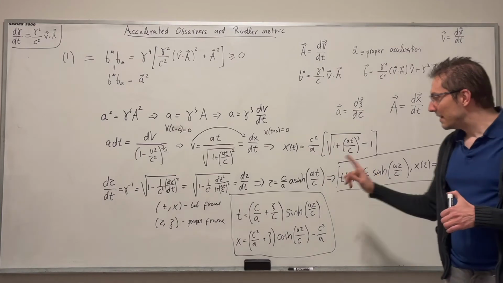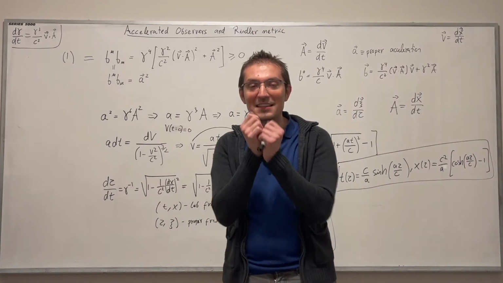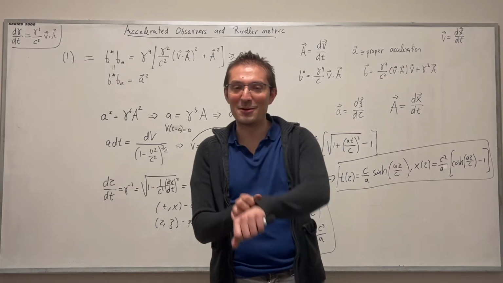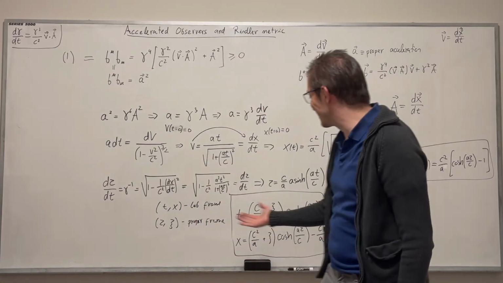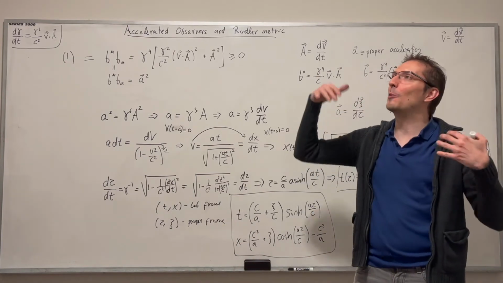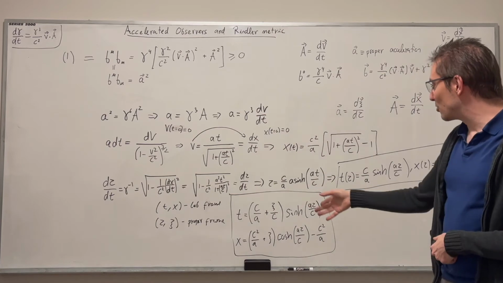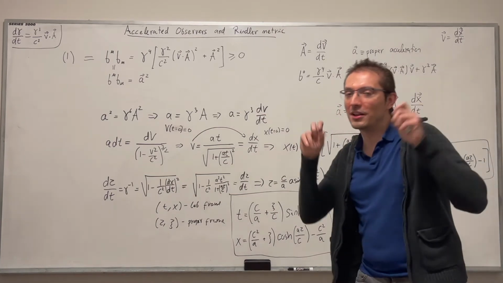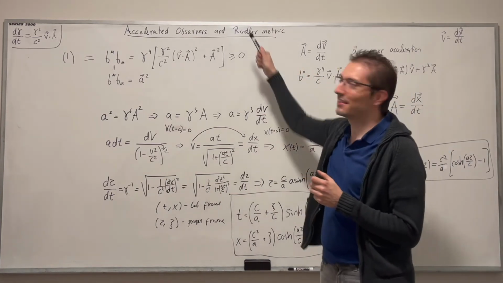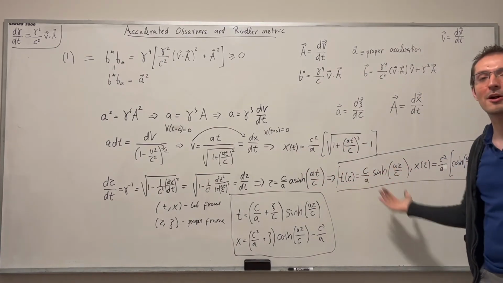All right, this proper frame is the frame in which the accelerated observer has rulers and watches. So this is the frame in which the accelerated observer will be measuring. We call these coordinates the set of Rindler coordinates, Rindler coordinates adapted to the trajectory of this particular particle.